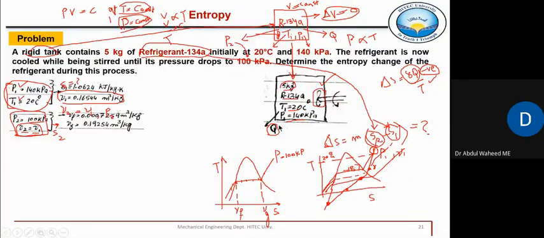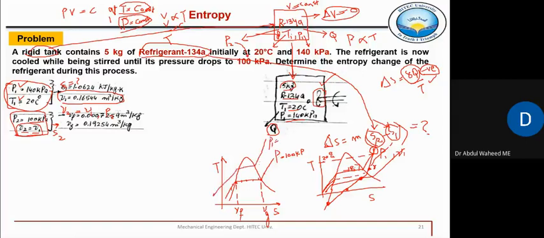So during this cooling process at constant volume, pressure is dropped from 140 kilopascal to 100 kilopascal, and temperature is also dropped, but how much did the temperature drop? Temperature is dropped till the saturation temperature. क्योंकि हमारा जो point था, initial pressure was 140, for example, this is the 140 kilopascal line.